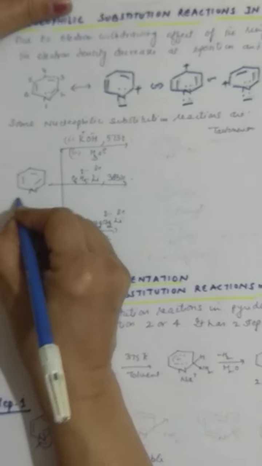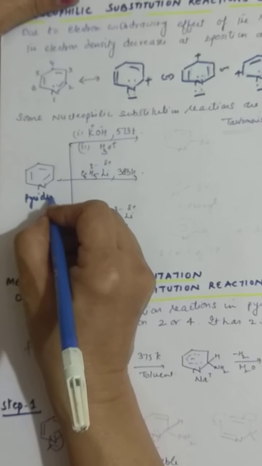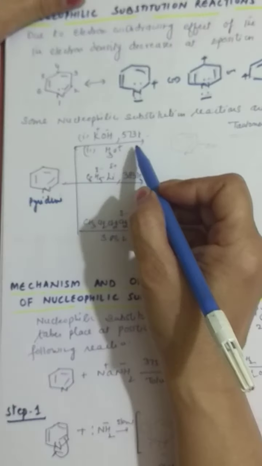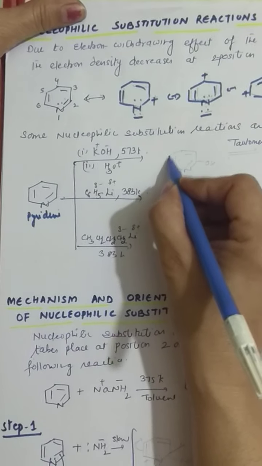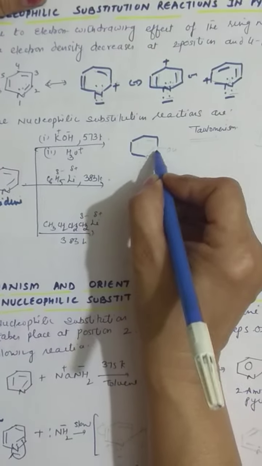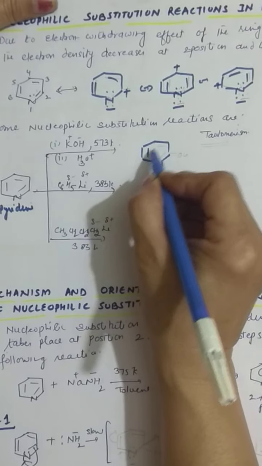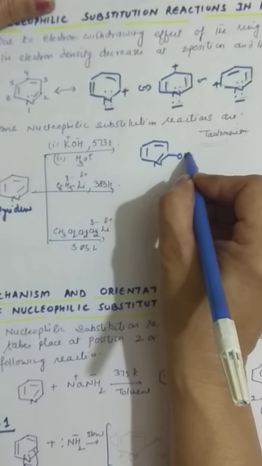So pyridine, when treated with KOH at 573, followed by hydrolysis, so we get 2-pyridol.